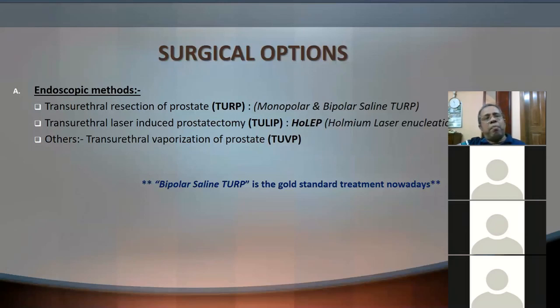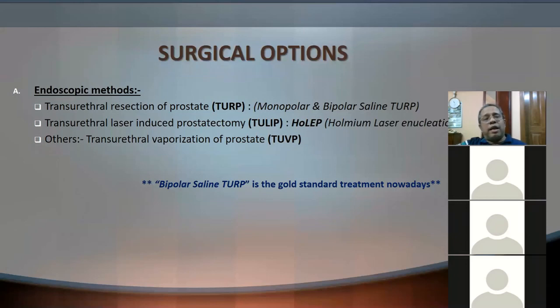Another important one nowadays, which may be more popular in future, is transurethral vaporization of the prostate. The prostate is vaporized by giving some energy. The prostatic tissue becomes vaporized, the channel is enlarged, and the patient can be cured subsequently.